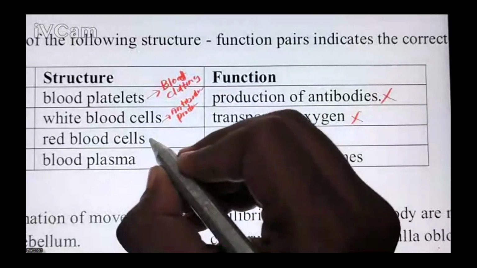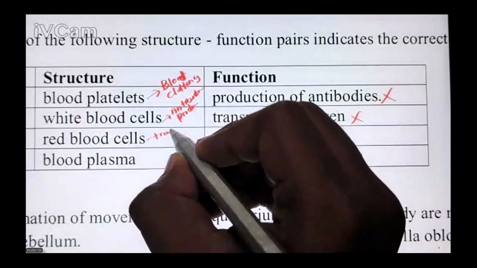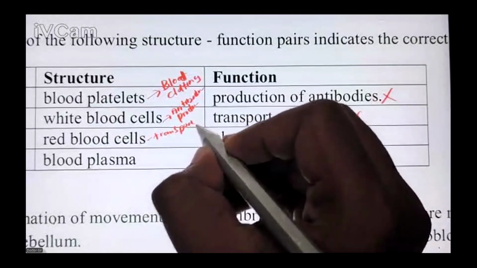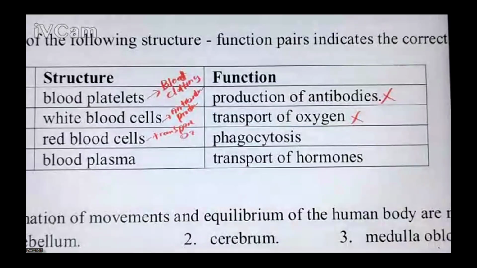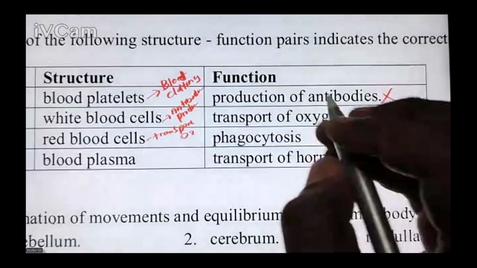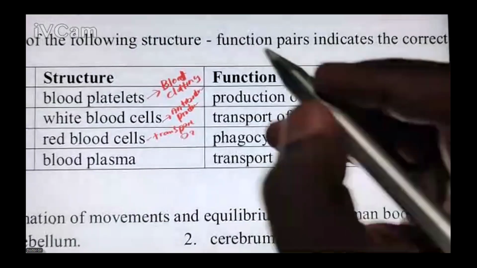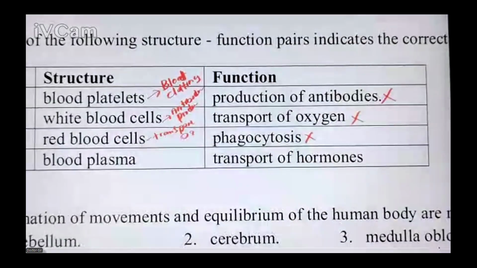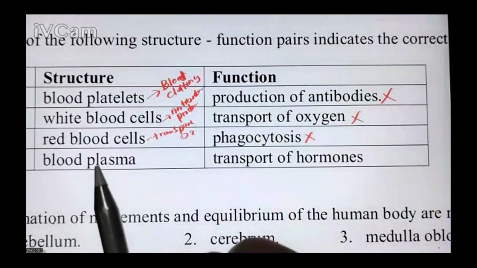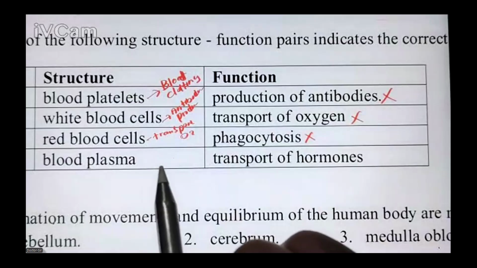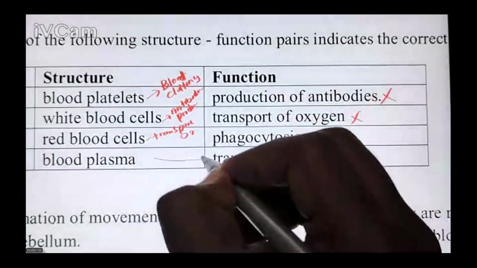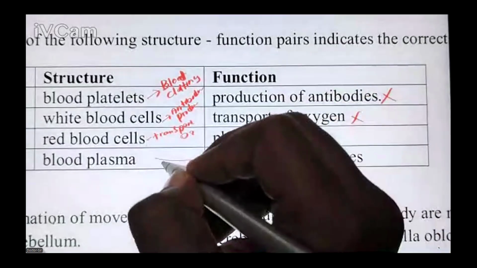Red blood cells are important to transport oxygen. Then phagocytosis is wrong, because phagocytosis is also done by the white blood cells. Then blood plasma is important for the transportation of hormones and nutrients.